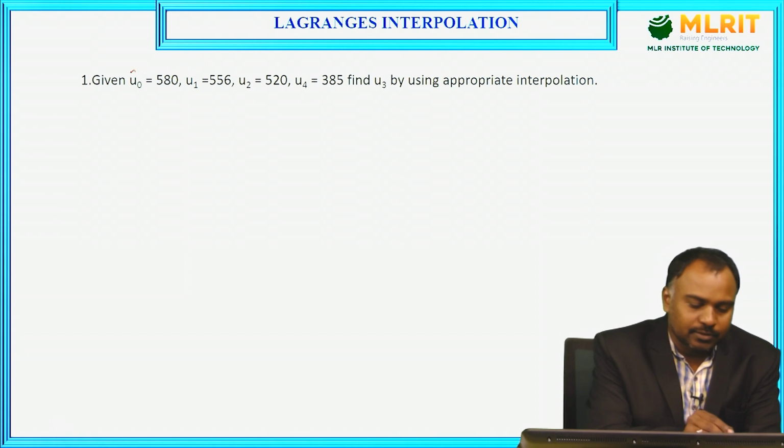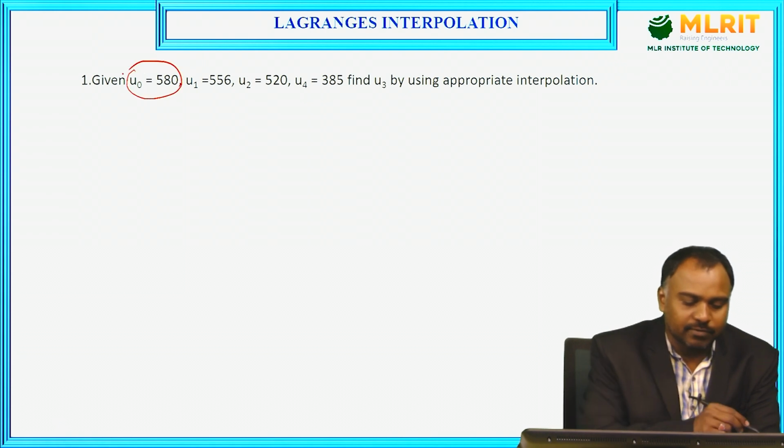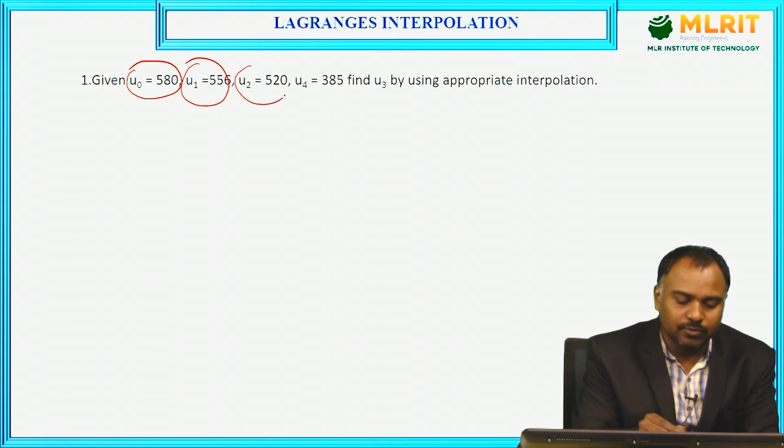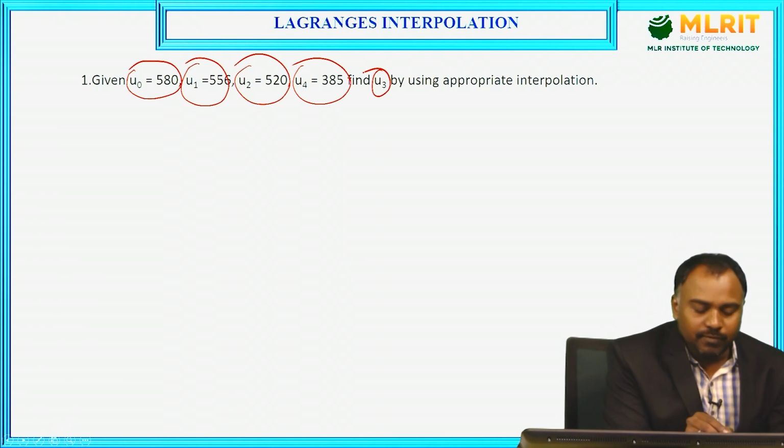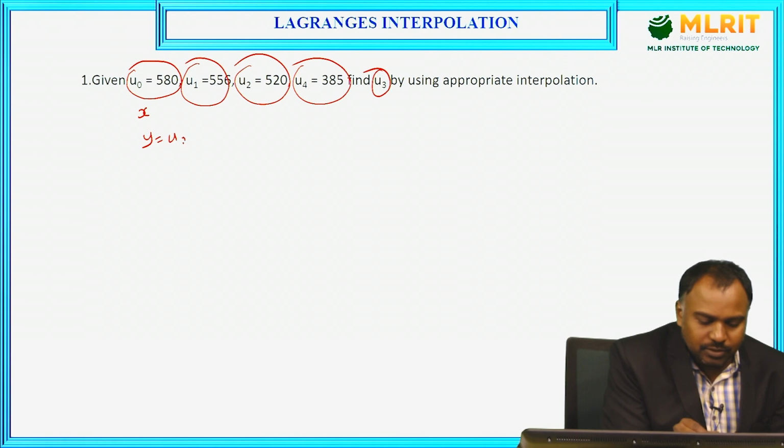Look at this: given u0 is equal to 580, u1 is 556, u2 is 520, u4 is 385. Find u3. Now we construct the table so that we understand easily, where the function is u suffix x.